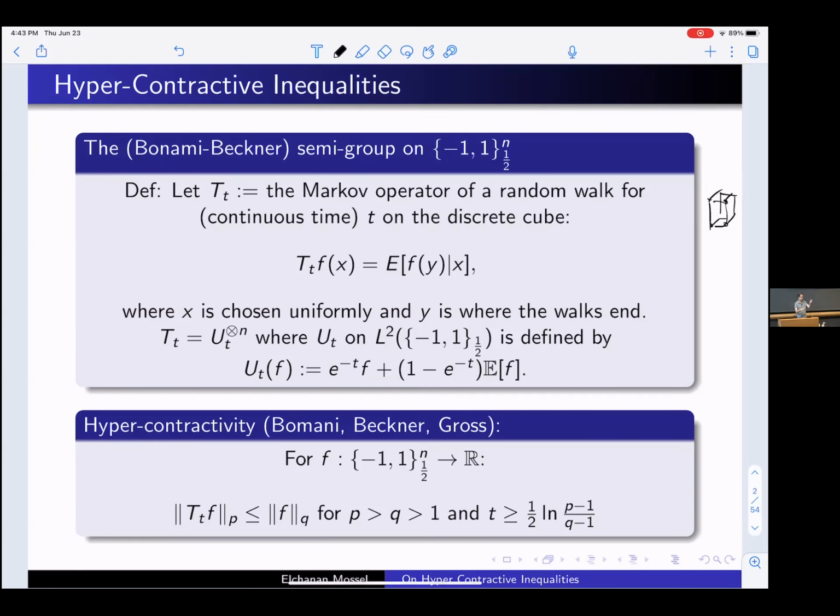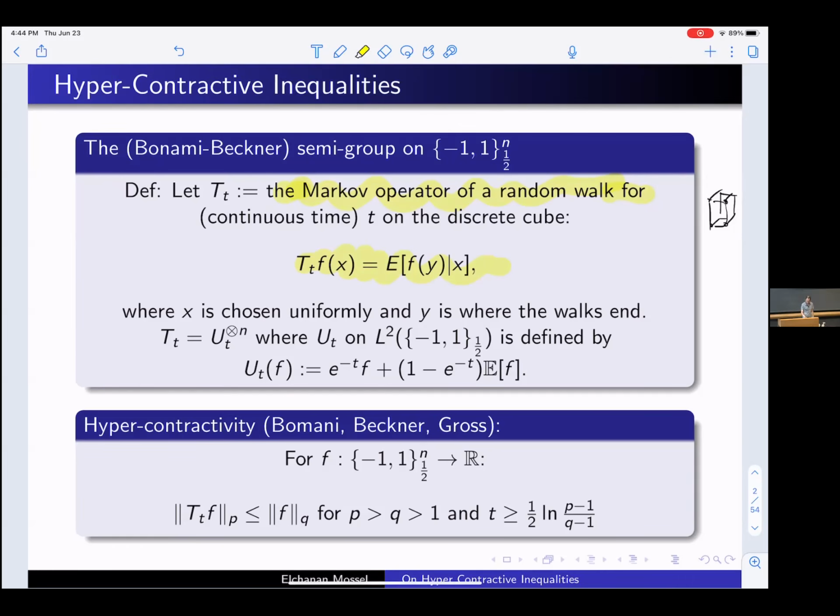We are starting maybe at a random point, and then we take this walk and we get a correlated point, and we want to understand the correlation between the starting point and the end point. And this is what's called in mathematical language the Markov operator for this random walk. In mathematics, we often like to work with how Markov operators act on functions.